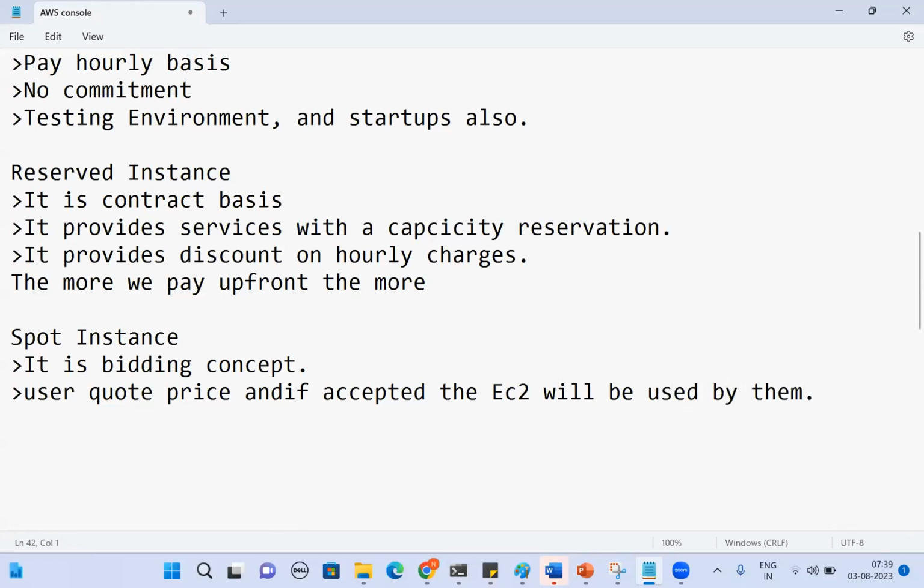And the instance gets shut down when it exceeds the limit. Limit means the time window; you can take it as a time window. So this is what the spot instance does.